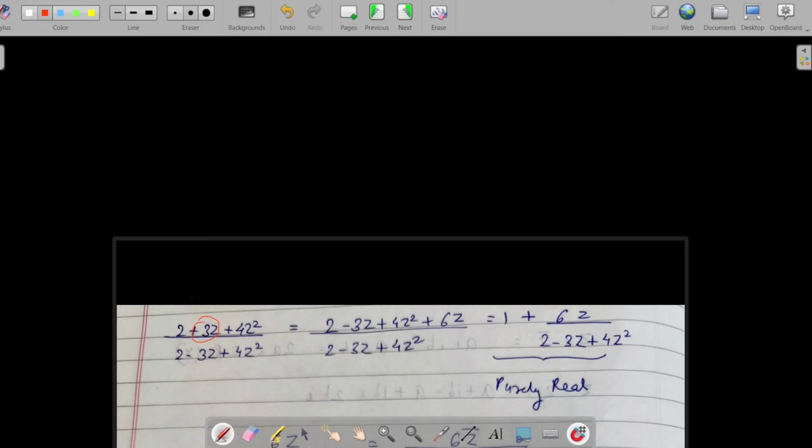You can write this as 3 times z plus 6z, because that will again be plus 3z. So we write 2 minus 3z plus 4z square plus 6z. So when we solve this, this entire term can become 1 and we will get this term. So this simplifies as 1 plus 6z upon 2 minus 3z plus 4z square.